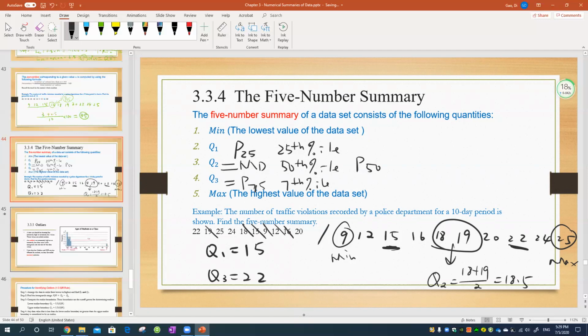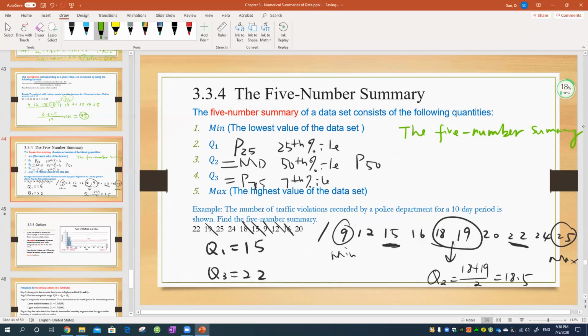So now we found all the 5 numbers we need for the five-number summary. Then let's write it down. The five-number summary is the minimum, Q1, Q2, Q3, and maximum.